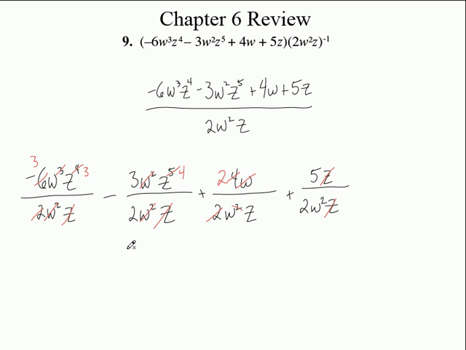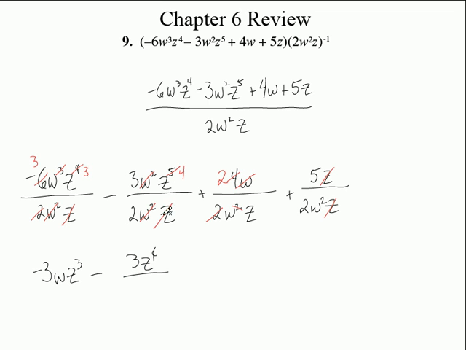Now, let's write it out. Taking a look at the first term, let's multiply all the stuff that we can. That's a negative 3, and then the w is left, and the z cubed is left. Nothing on the bottom. Right here, there's a 3 on the top. What else? Z to the 4th on the top.